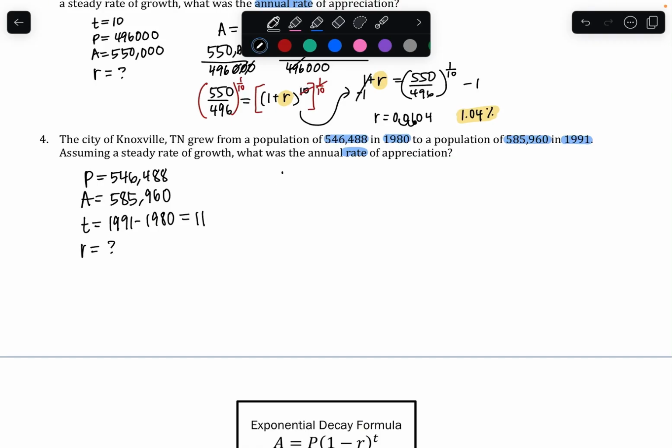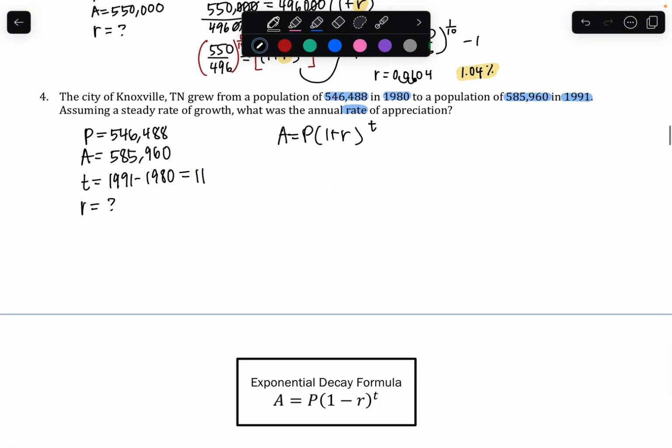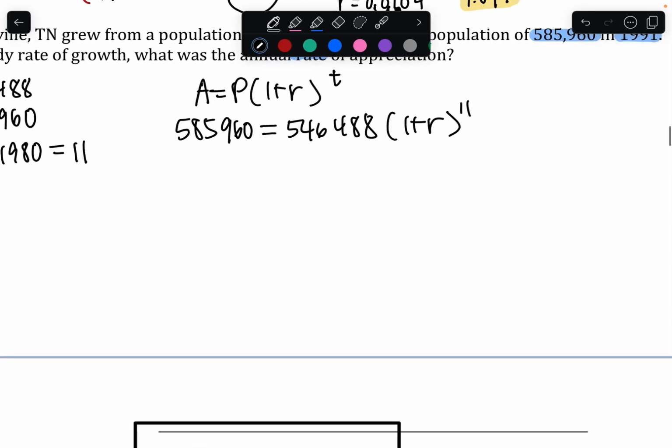Okay, so when we set this up, I like to write the formula down each time and then fill in our information. We have 585,960, and then 546,488, 1 plus r to the 11th power. Again, we're solving for r, and so we need to isolate it.